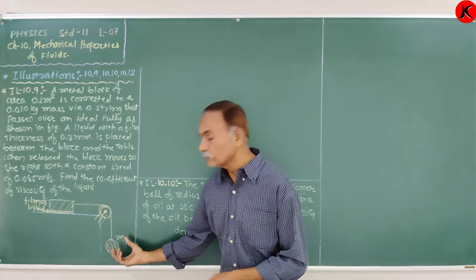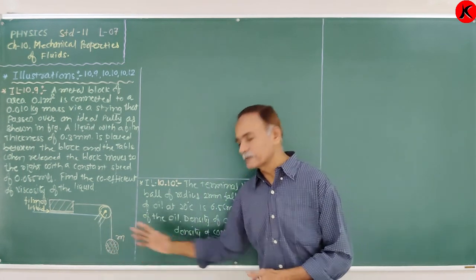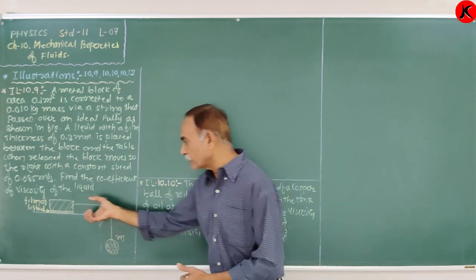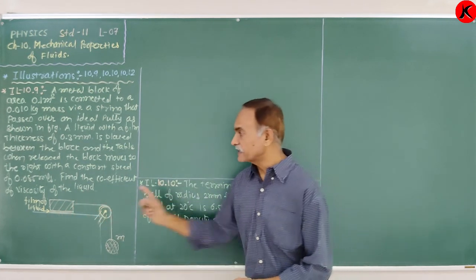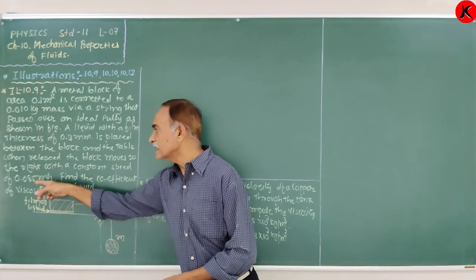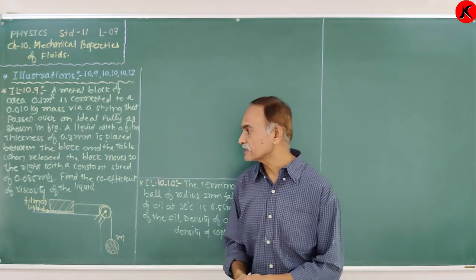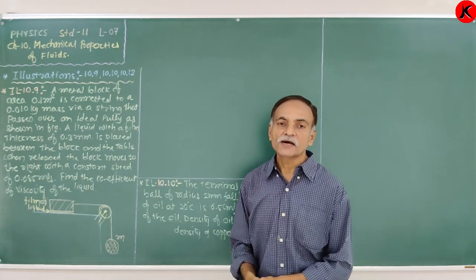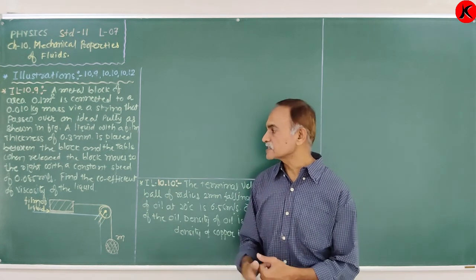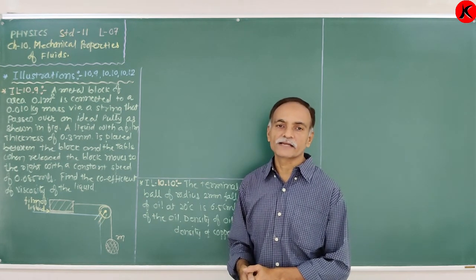As we release the block and sphere, what happens? The block moves to the right side with a constant speed, given as 0.085 meter per second. In this situation, we have to find out the coefficient of viscosity of the liquid.